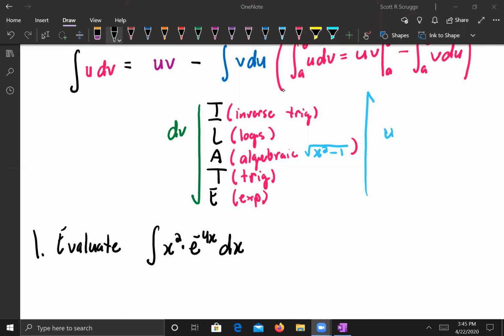Alrighty, y'all. Give me a status report. How's this problem going? There is a possibility that you might have to use integration by parts again.